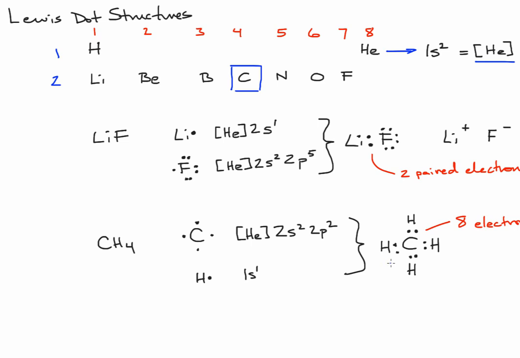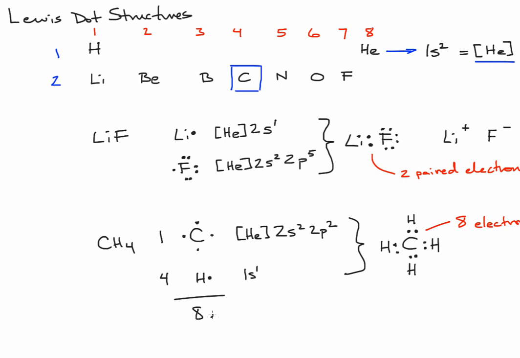So part of drawing the Lewis dot structures is ensuring that we have the correct number of electrons. So we can do a check as well. We have 4 hydrogens. That's 4 electrons there. We have 1 carbon. That's 4 electrons.